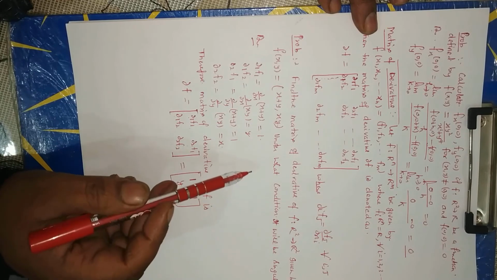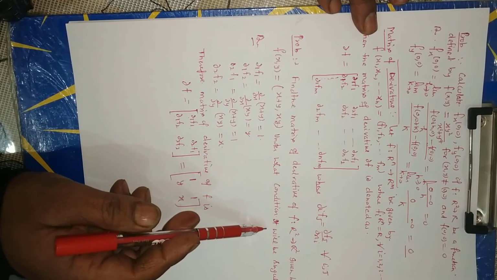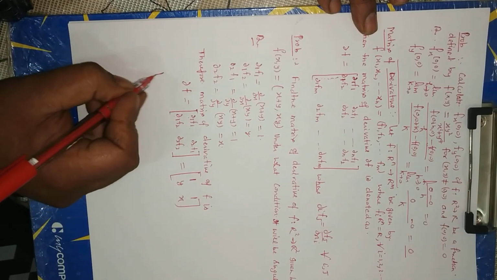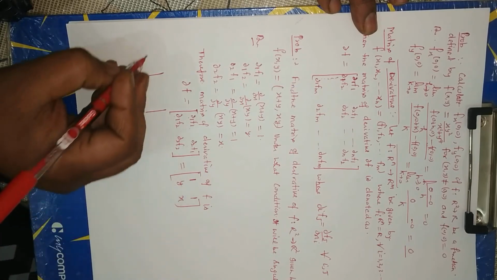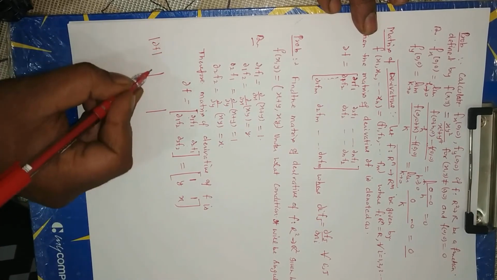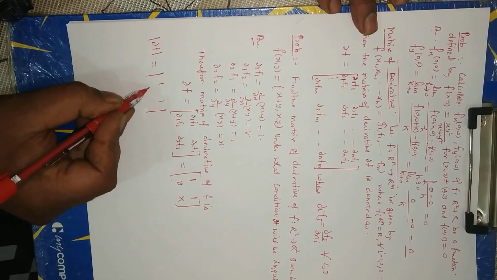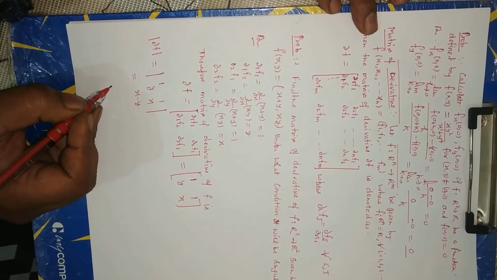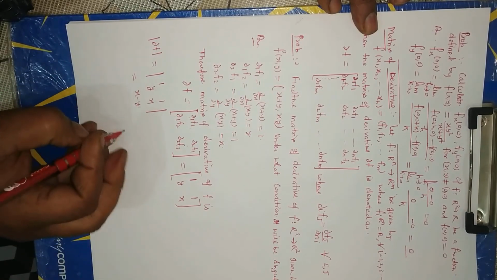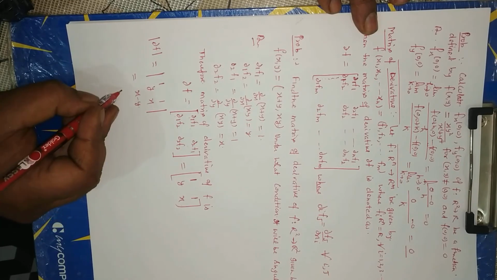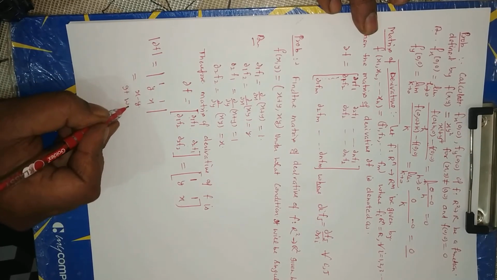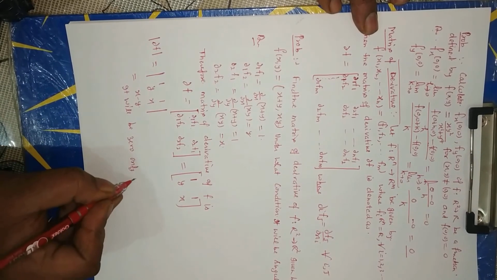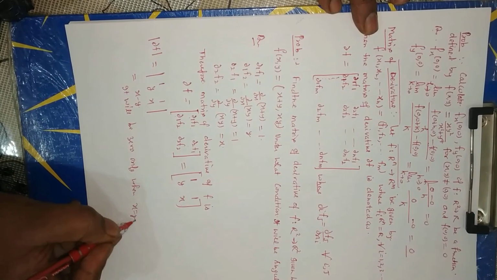But here the question is under what condition it will be a singular matrix. Now we can calculate the determinant of del f. This is equal to the determinant of 1, 1, y, x, which is x minus y. It is singular when it will be 0, only when x is equal to y.